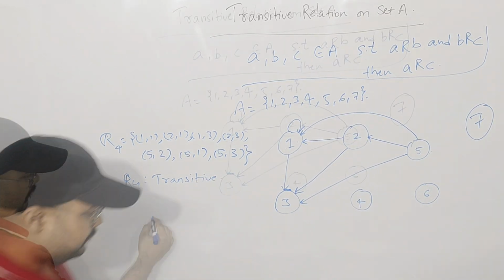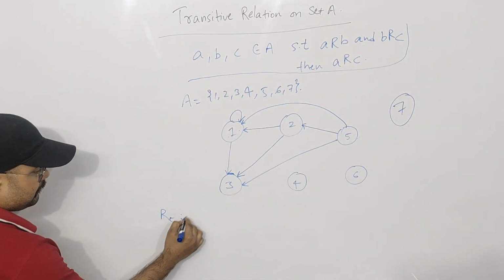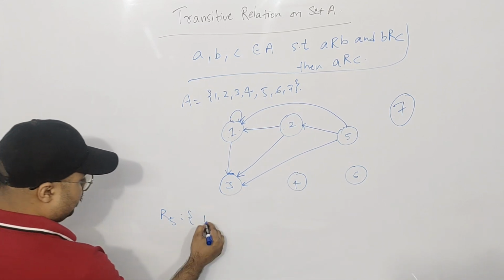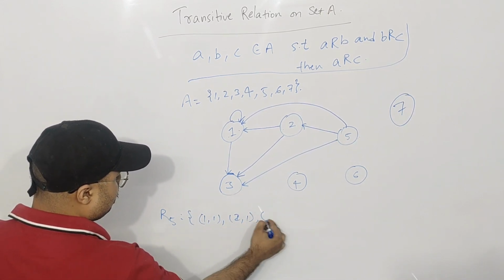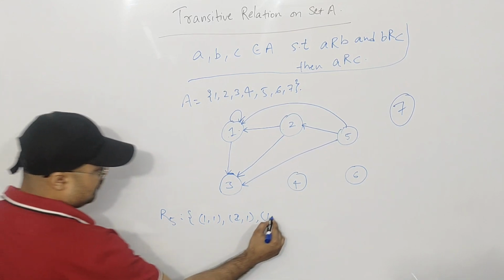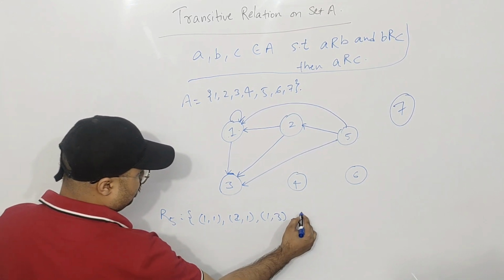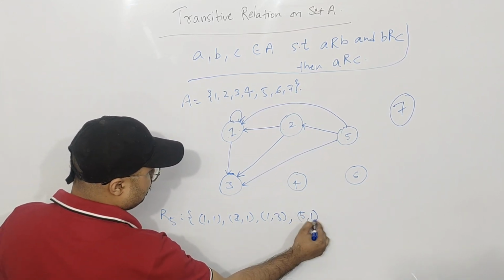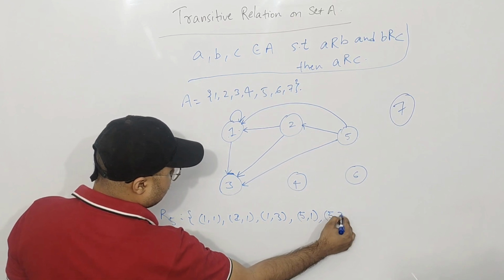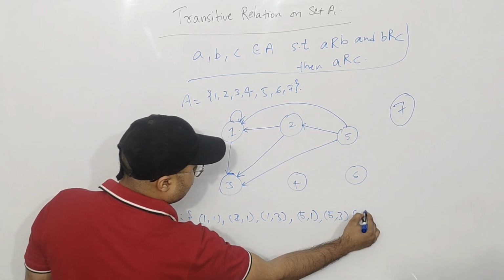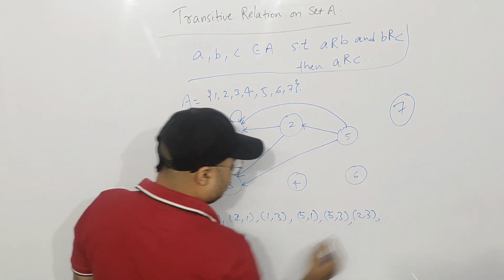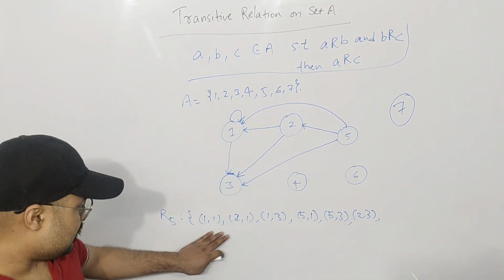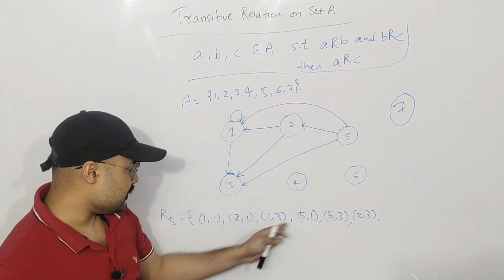Let's take more examples. You have R5, which is (1,1), (2,1), (1,3), (5,1), (5,3), (2,3). These are just ordered pairs related to each of these directed edges.